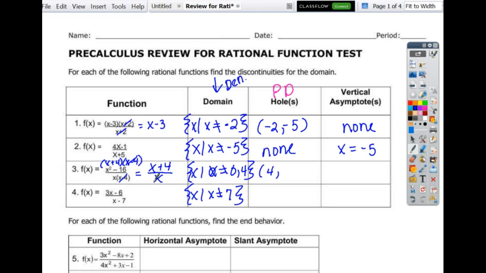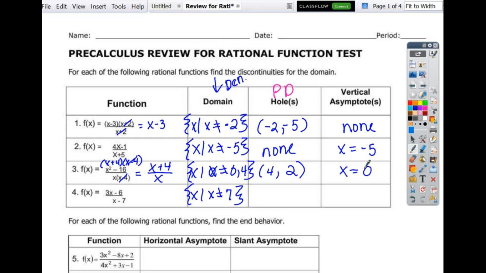So to find the y value, if I put 4 in here, I get 4 plus 4, which is 8, divided by 4 is 2. And now, do I have a vertical asymptote now? Because I have an x in the denominator, so I get 0. Very good.